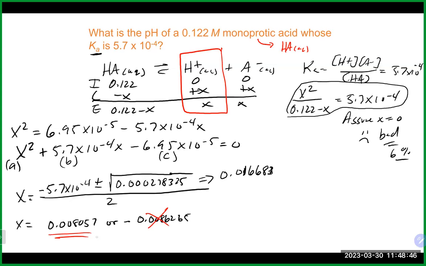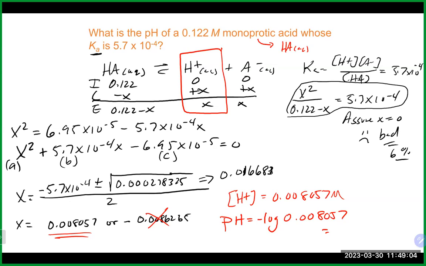So this should be our correct value here. And that would get us an H plus concentration of 0.008057 molar. That means we could then go into our pH, 0.008057. And that gets us a pH here of 2.09, looks like.